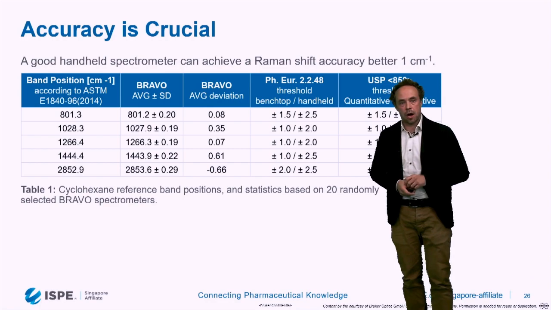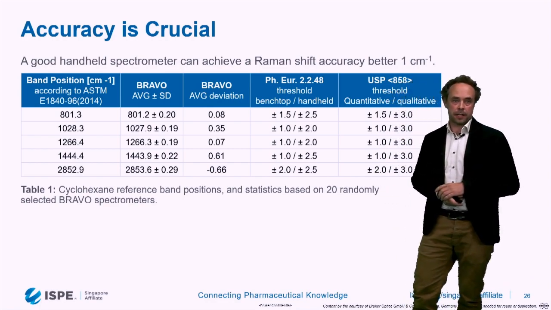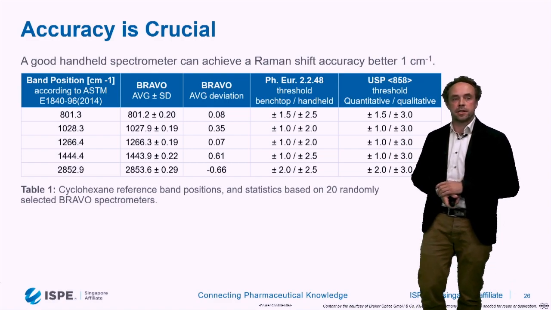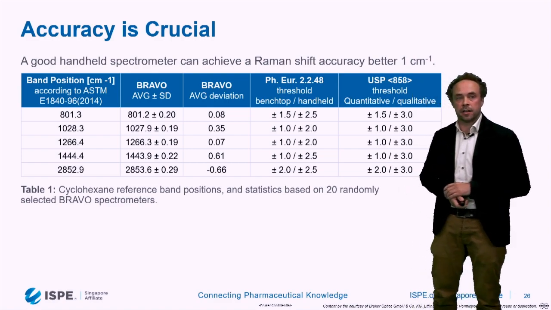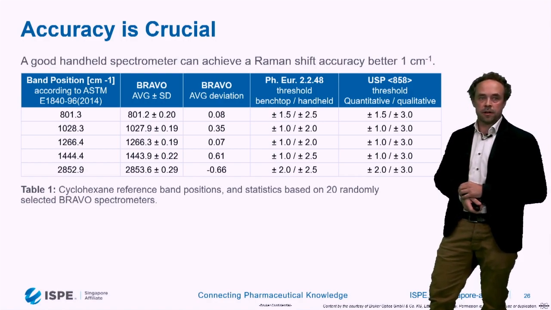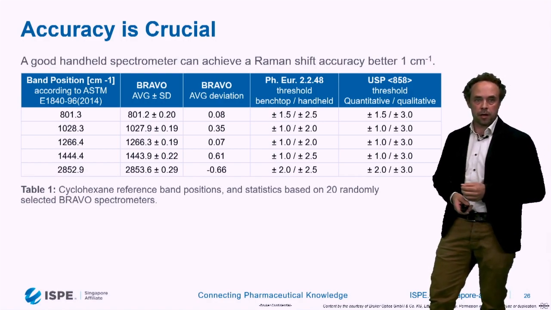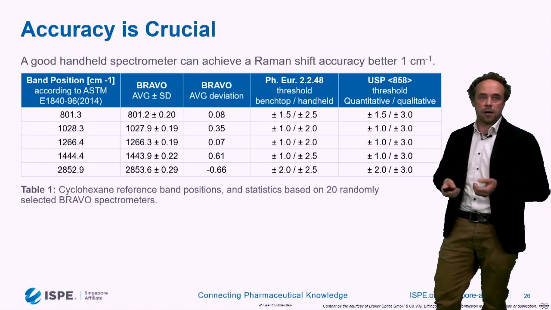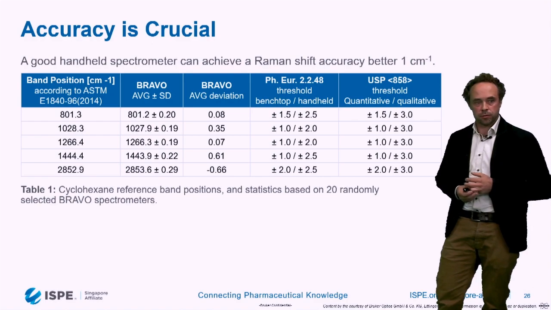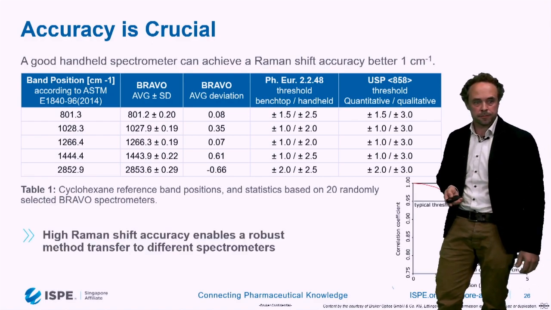And if you look now at the pharmacopoeia guidelines, where the thresholds for the Raman shift accuracy are specified, even with a handheld spectrometer, you can see it's possible to achieve the benchtop requirements, or let's say requirements for quantitative assessment according to the USP pharmacopoeia.